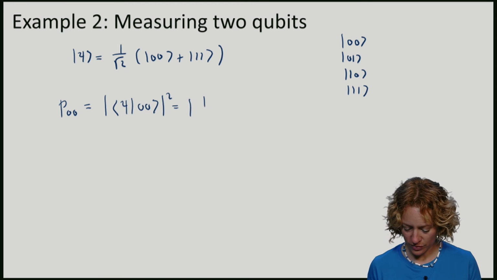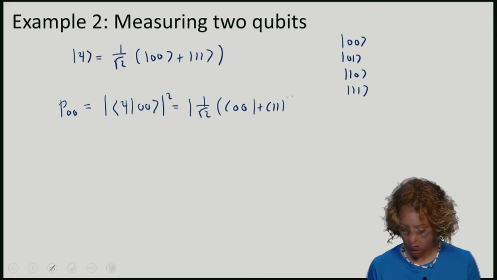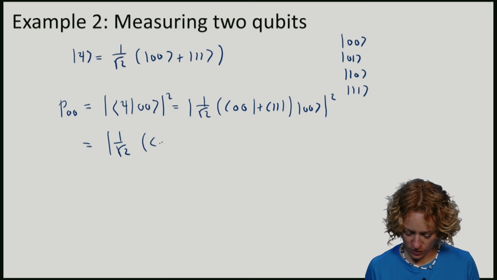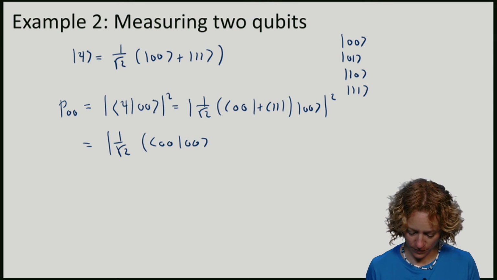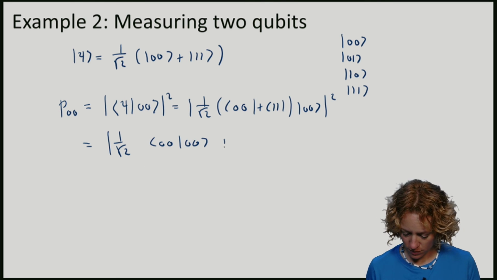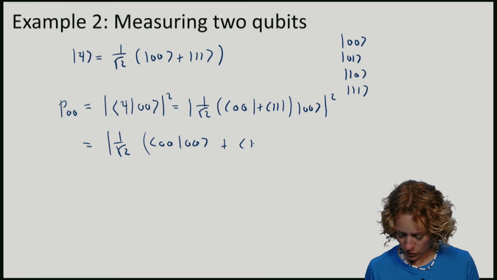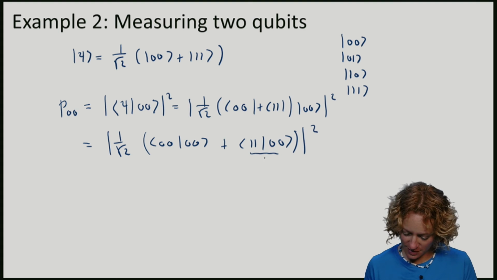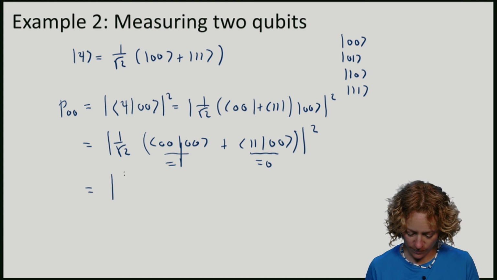So what we have is 1 over square root 2, 00 plus 11, with 00, which gives us 1 over square root 2, 00 with 00, plus 11 with 00, and we square the whole thing. So again, these are orthogonal, so this is 0, vectors have length 1, so this gives me 1, so this is 1 over square root 2 squared, which is a half.